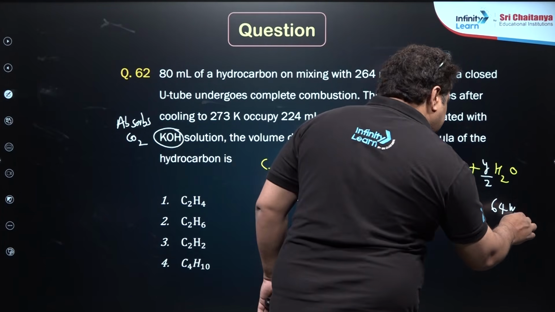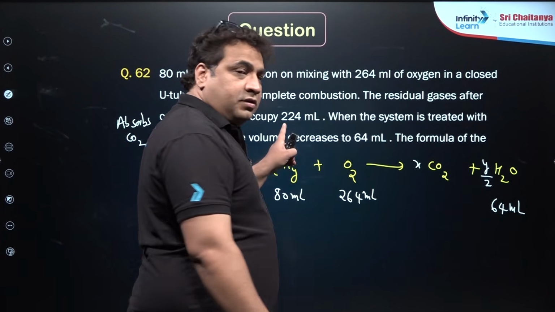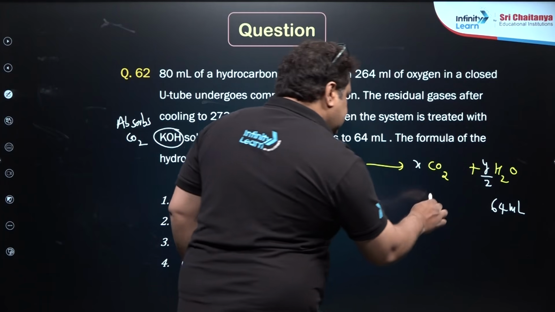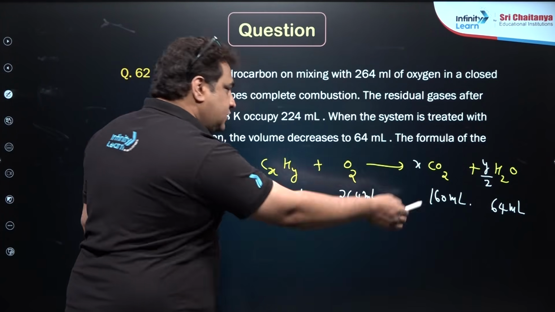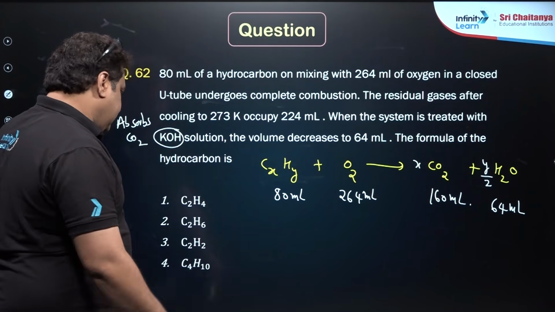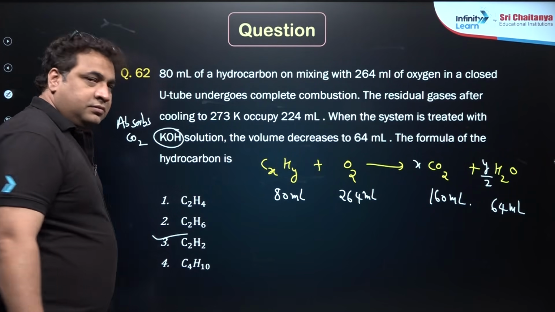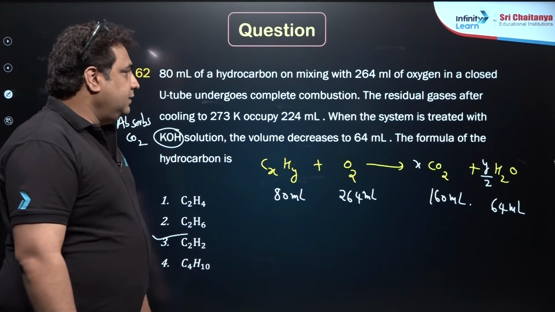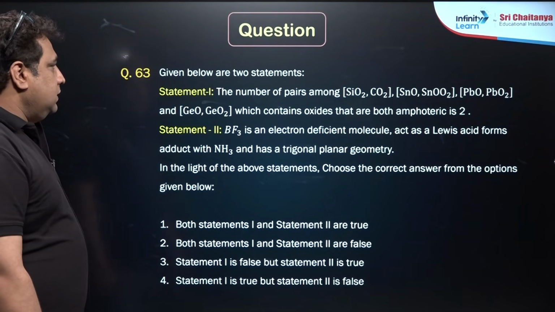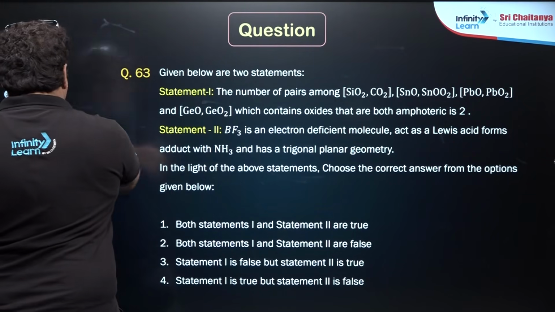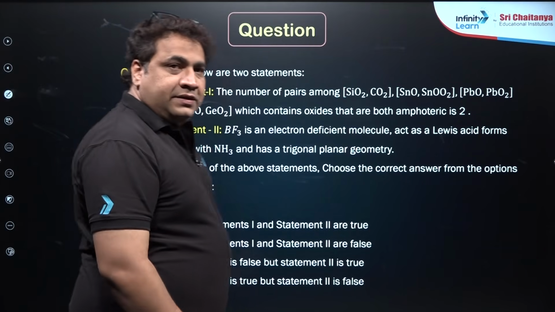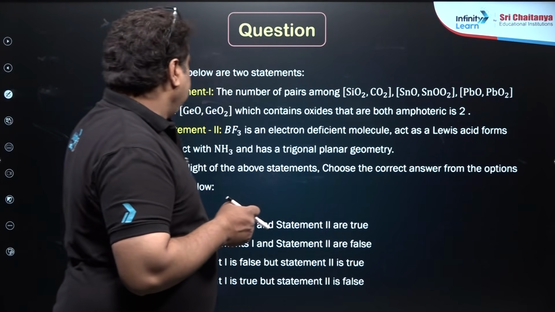So, if 64 ml is water, then 224 ml minus 64, so 160 ml will be carbon dioxide. Now, if you find the ratio very easily, you will get the answer, C2H2.